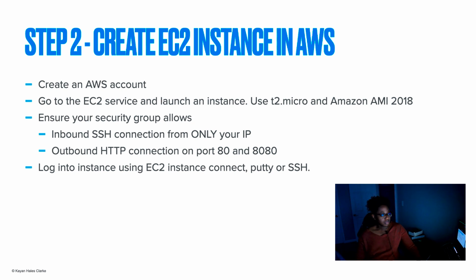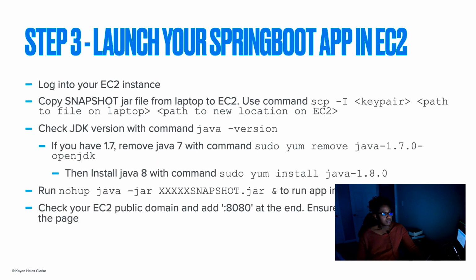We created our security group using SSH and HTTP rules in our security group. And then we logged into our instance using SSH, but you can use EC2 instance connect, or you can use PuTTY. We just used SSH and followed the instructions that were in AWS. So now we have successfully created our EC2 instance. Let's move on to step 3.